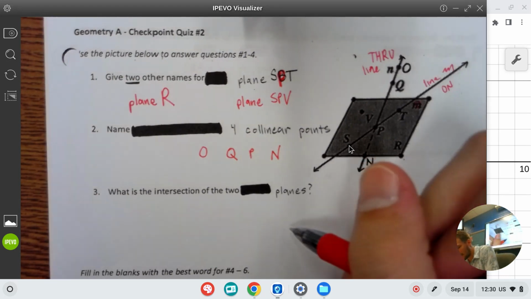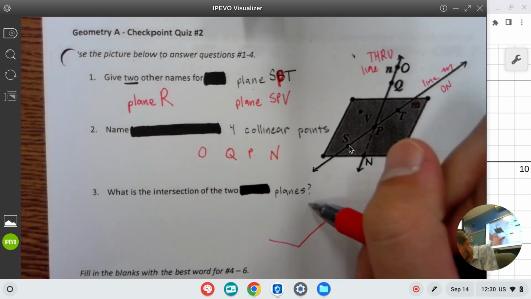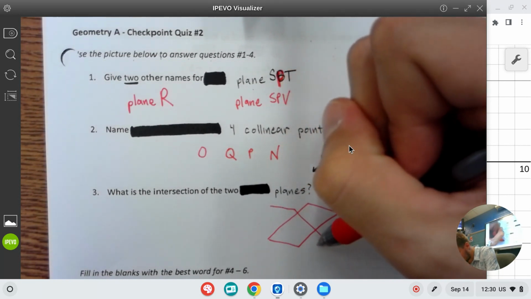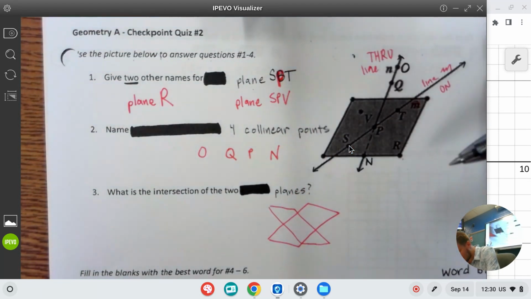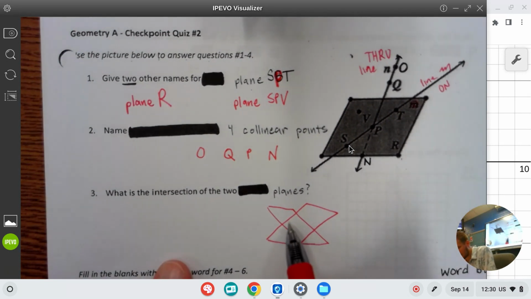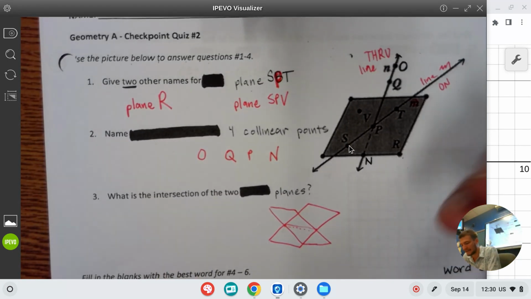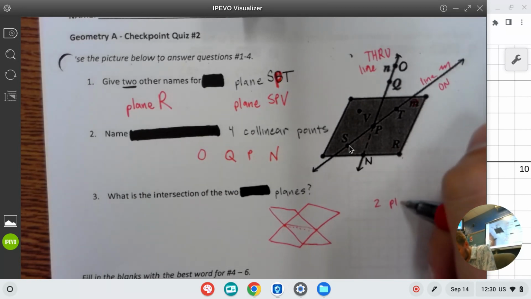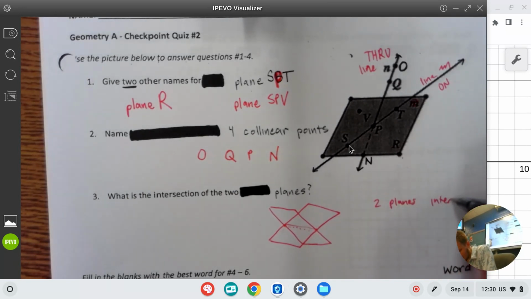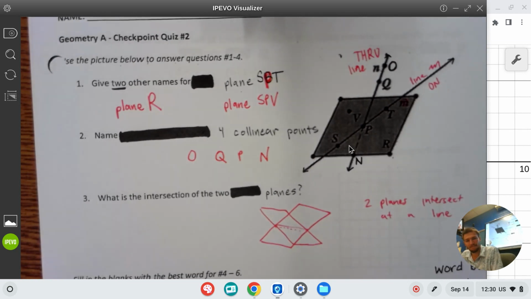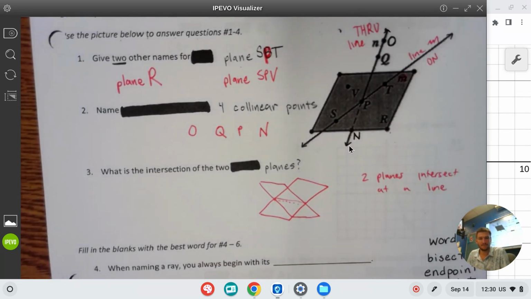So if you have a plane that's a big rectangle that looks like this, and then you have a plane that is another rectangle that looks like this, when those 2 planes intersect, they're going to intersect across the middle here, and so they're going to intersect at a line. Okay? 2 planes intersect at a line.